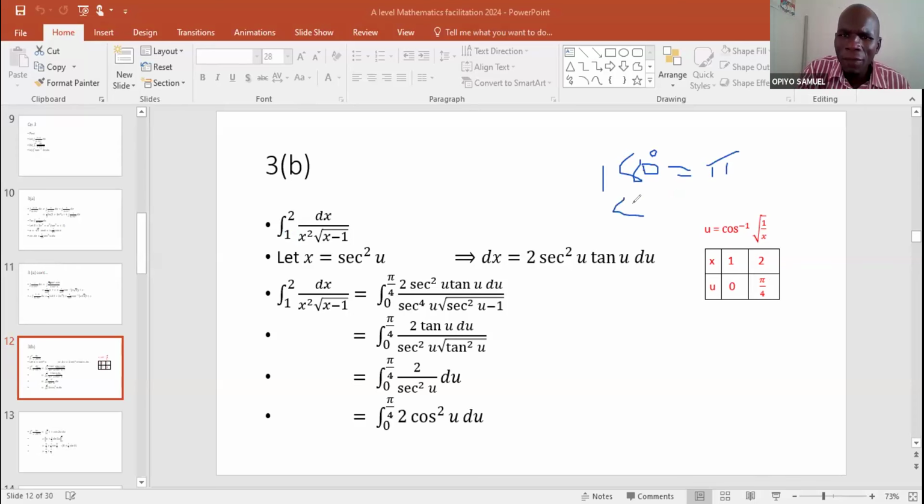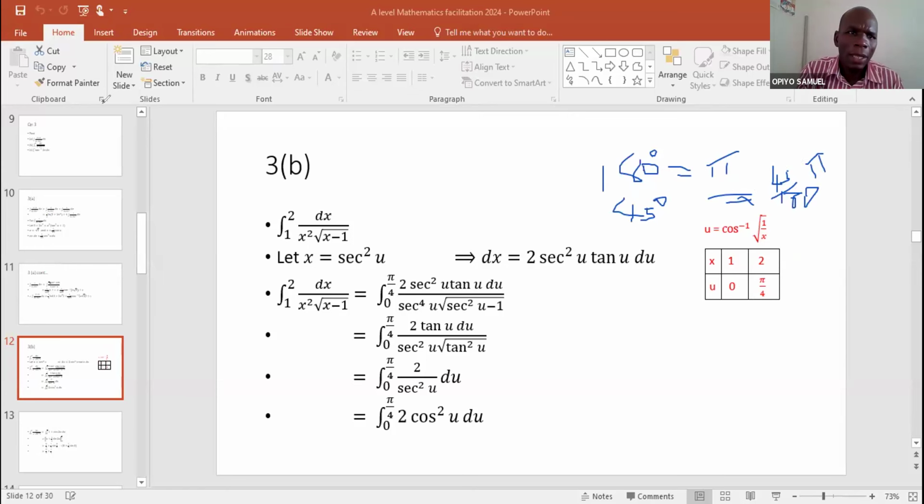So if I have 45 degrees, it will be 45 over 180 times pi. So this simplifies to pi over 4.